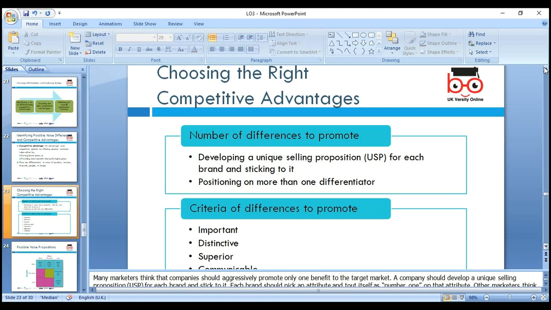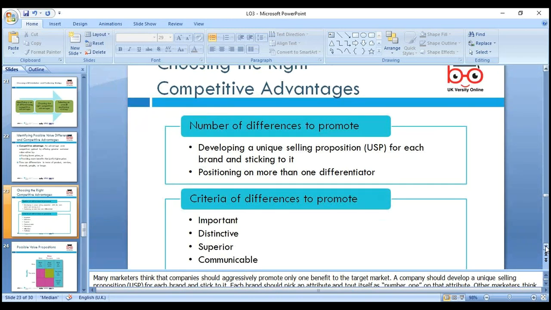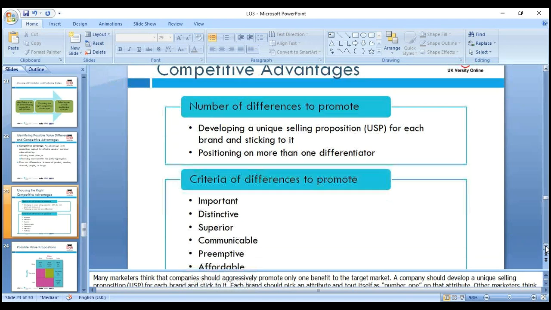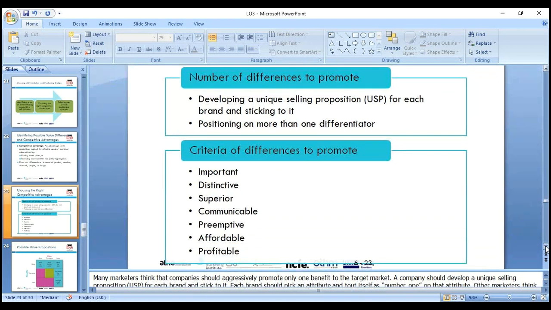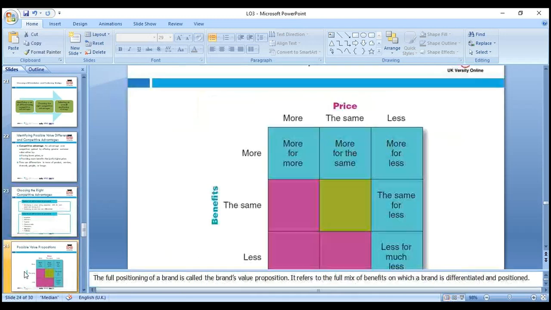Positioning on more than one differentiator, and criteria to promote the differences: important, distinctive, communicable, affordable, or profitable. All these we can look around and we can set a unique selling point for the product.